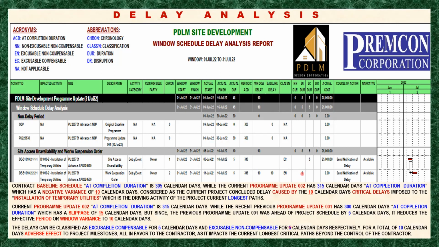Okay, and then we are done. So that is the analysis now. Every variance and slippage for every period we can see it here on our window schedule delay analysis report.